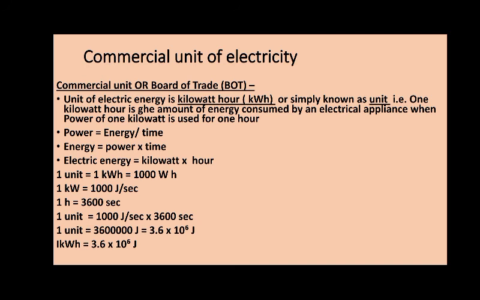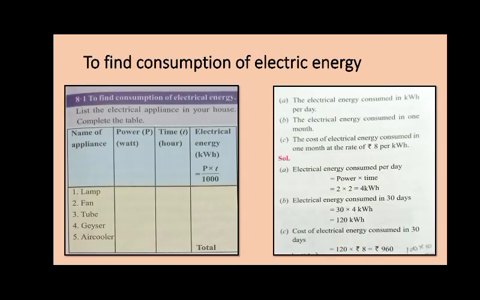So 1 unit is equal to 1 kilowatt into 1 hour, that is 1000 joules per second into 3600 seconds. So it comes to be 3.6 into 10 raised to power 6 joules. So 1 kilowatt hour is equivalent to 3.6 into 10 raised to power 6 joules. Now, in this way, you can find the consumption of electricity.